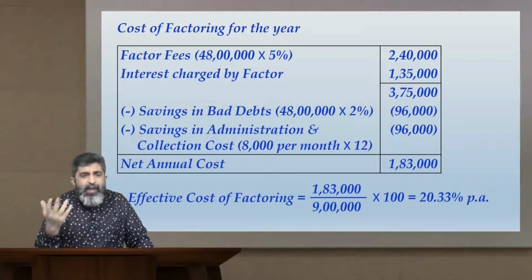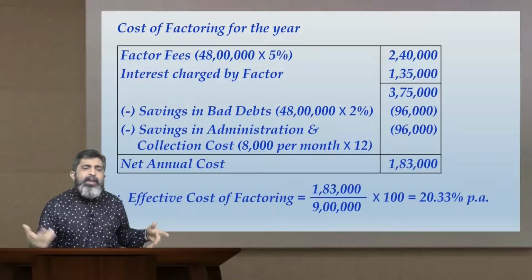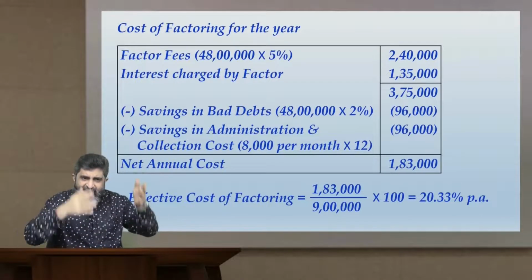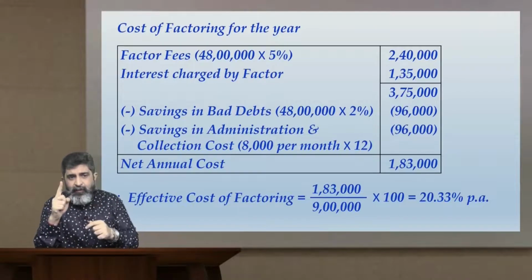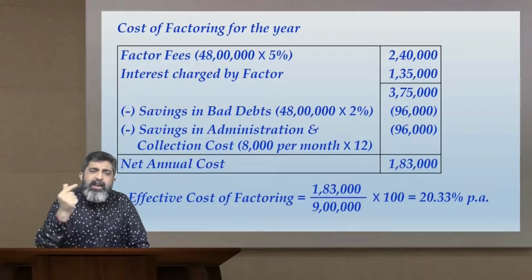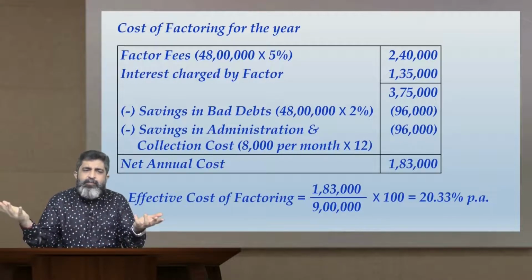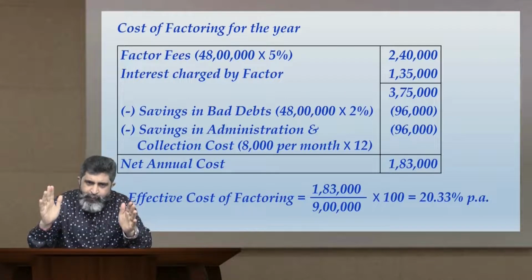So another way of solving this question could be, all these calculations we don't make for the entire year, we make them for one cycle, and whatever be the cost of factoring for one cycle, we multiply by 4 cycles during the year to get the effective cost per annum. Even that could be an approach.